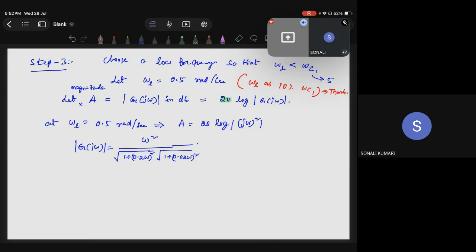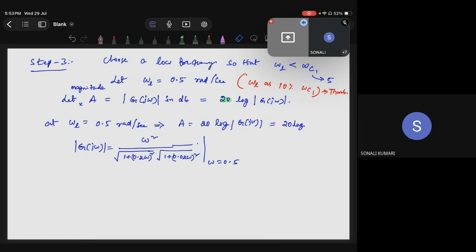I'm sorry, here this has to be omega only. This has to be Z of j omega. Now if you substitute here omega equal to 0.5, then you will get 20 log of this value.